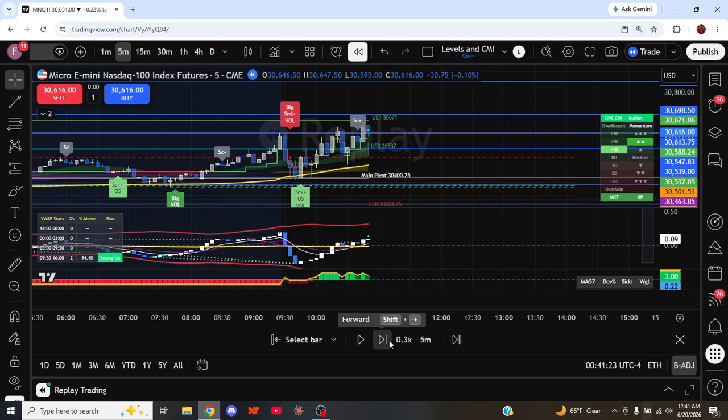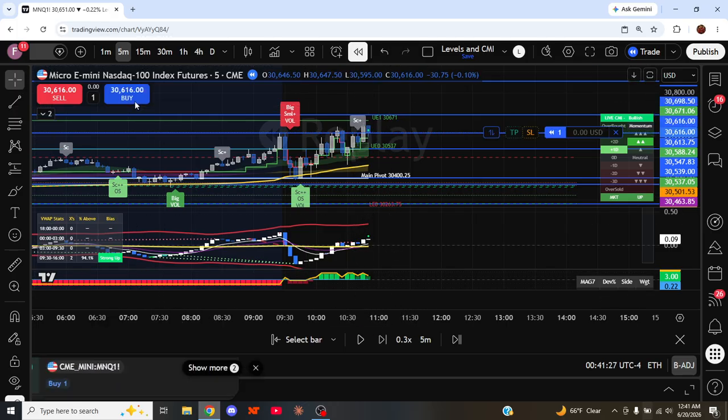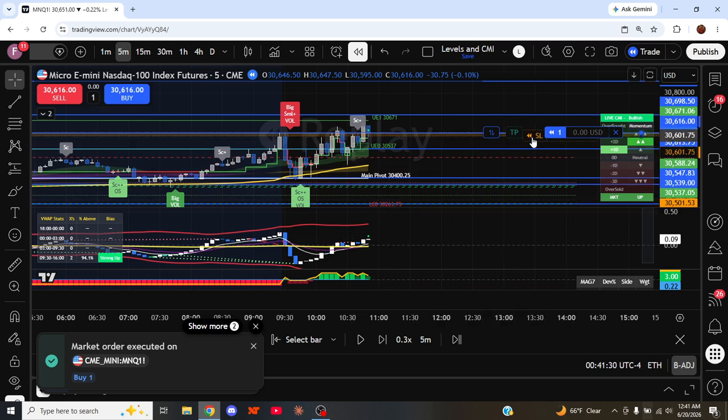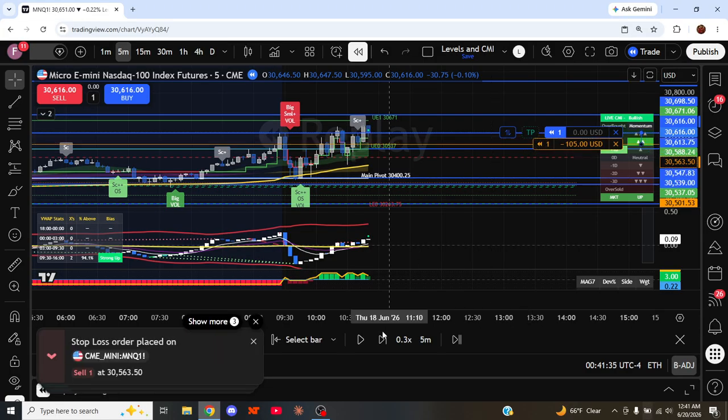Through here. This is a good buy spot. Right off the trend line. Not too far from the previous candle.